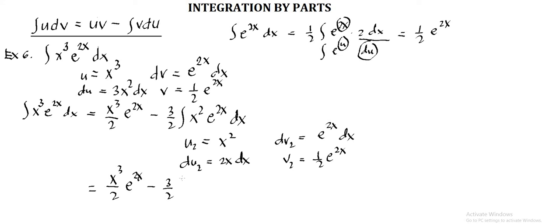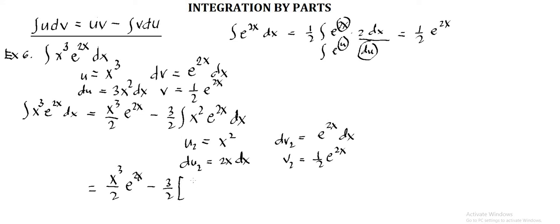So, dito i-apply natin yung ating formula. U times v minus integral of v du. So, u2 times v2, no? So, magkakaroon tayo ng 1/2 times x squared, and then times e to the 2x.